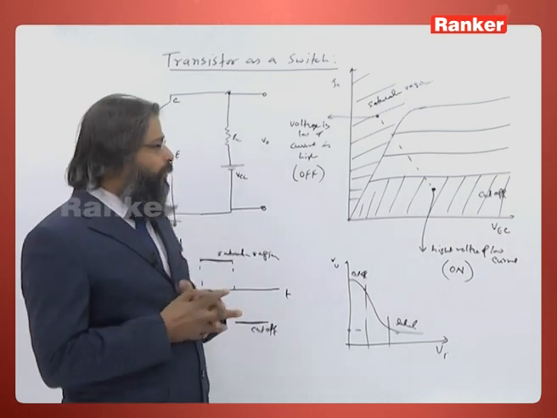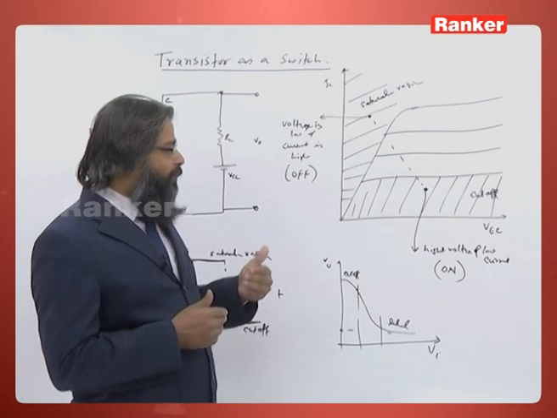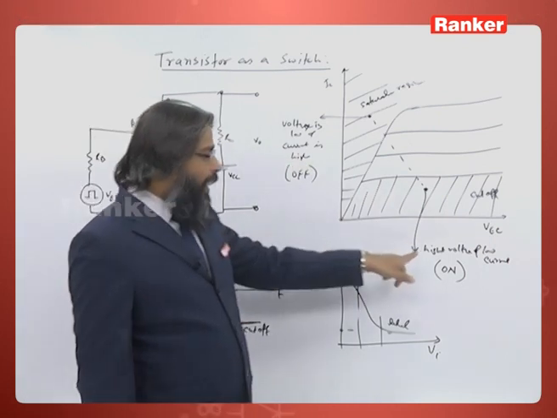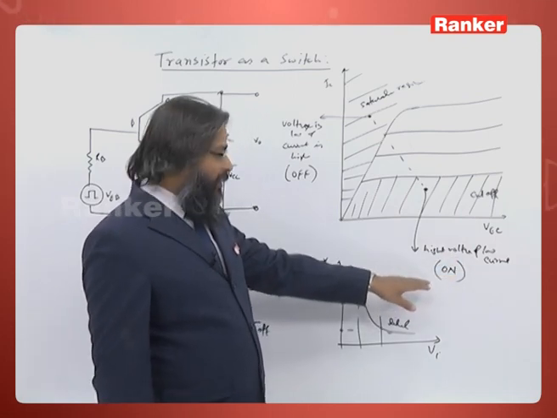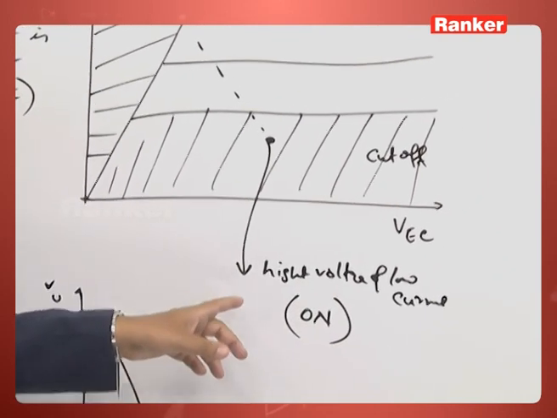When we are using this switch, we want to know what type of signal we are talking about. High voltage and low current for some applications may be considered as the on position when my input is the voltage.